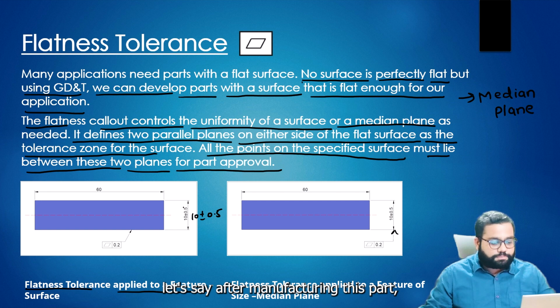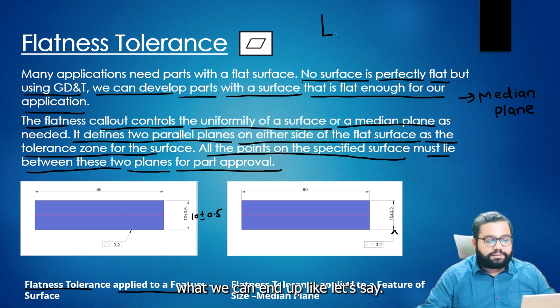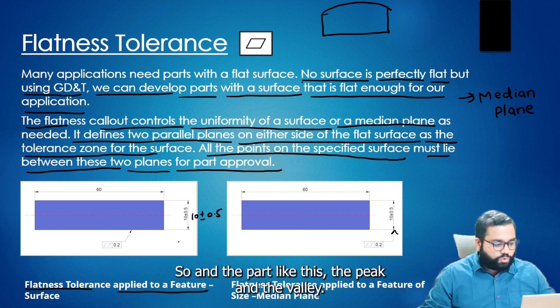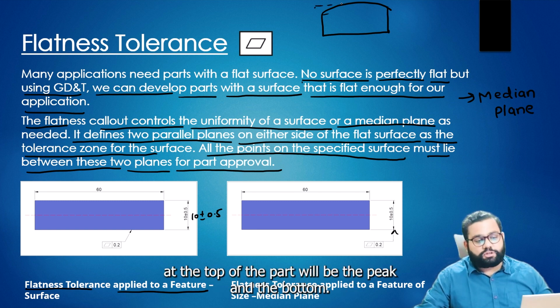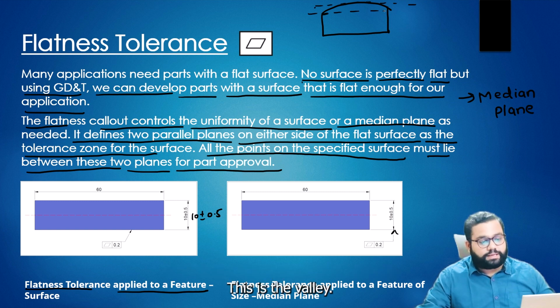After manufacturing this part, we can end up with this type of surface, with a peak and a valley. The peak is at the top of the part, and the bottom is the valley.